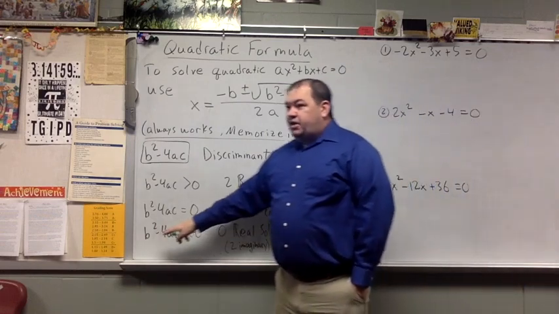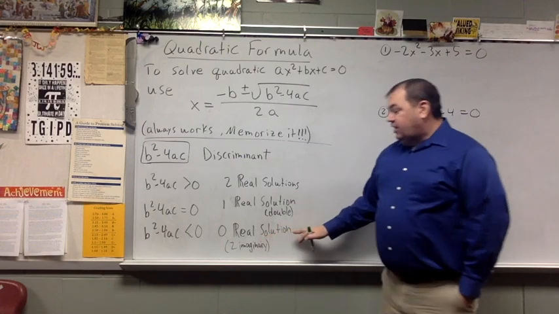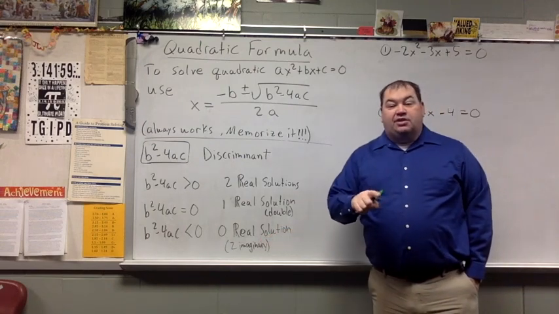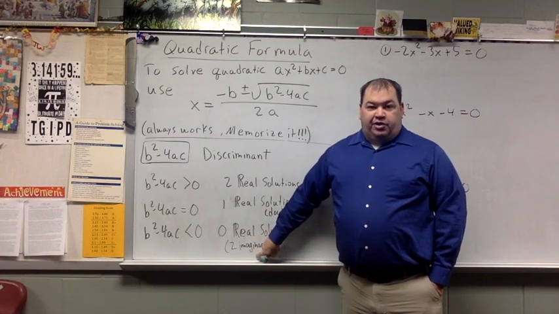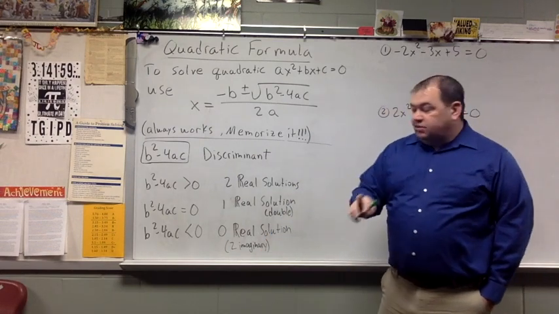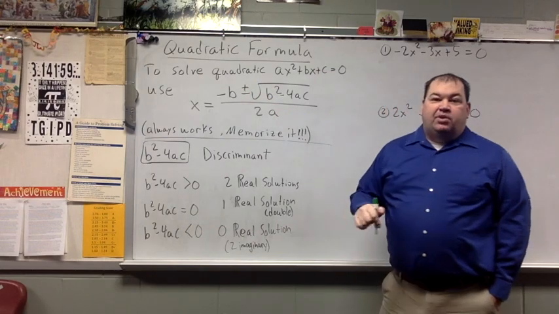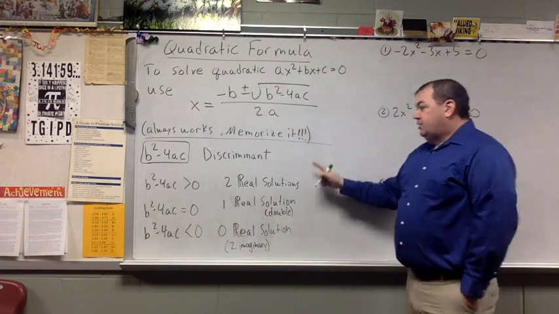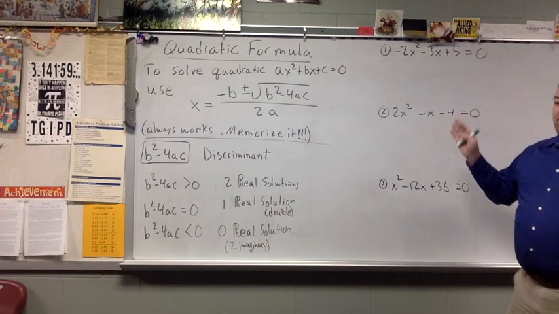And if b squared minus 4ac is a negative number, if it's less than 0, you're not going to have any real solutions, which means it's not going to show up on a graph. You're actually going to have imaginary answers. And again, the idea of two answers comes from this plus and this minus. So we're going to practice the discriminant first before we actually solve any of these quadratics.